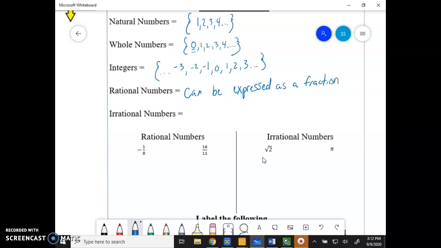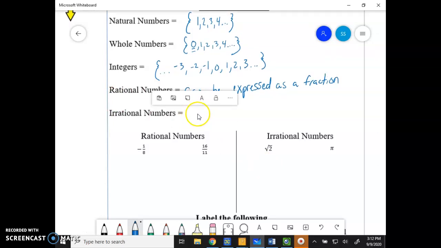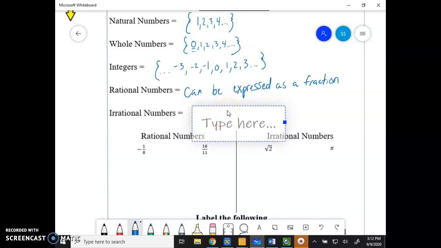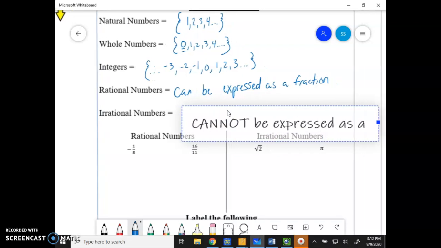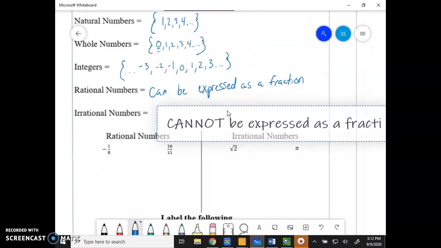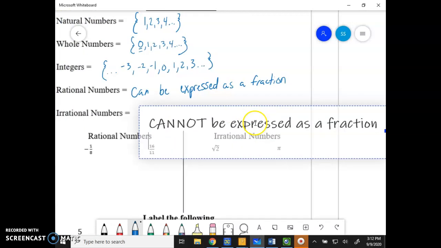Okay, and you know what, I'm pretty bad at writing on this. I'm just going to enter in some text here. So for irrational, it cannot be expressed as a fraction. Okay, makes sense.